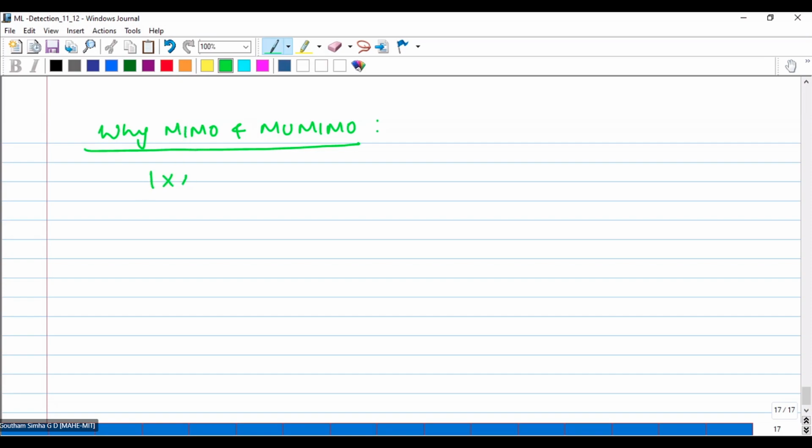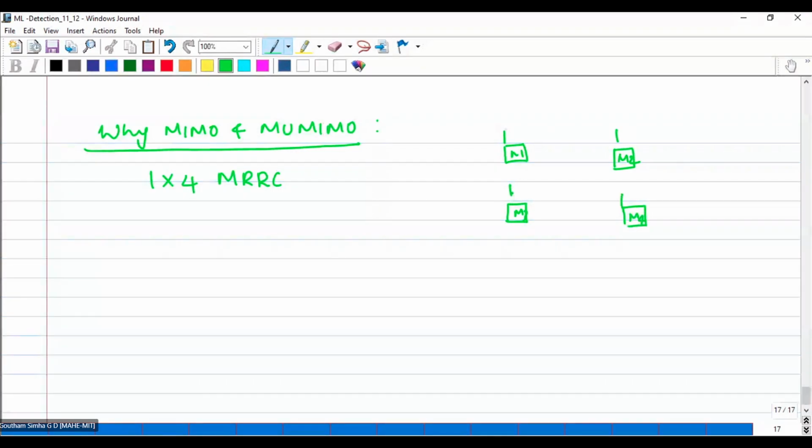Now let's consider 1x4 MRRC in a realistic sense. I have one mobile device here, let's say M1. I have another mobile device, let's say M2, another mobile device M3 and M4. Now, if you use MRRC, what is the problem you understand here?